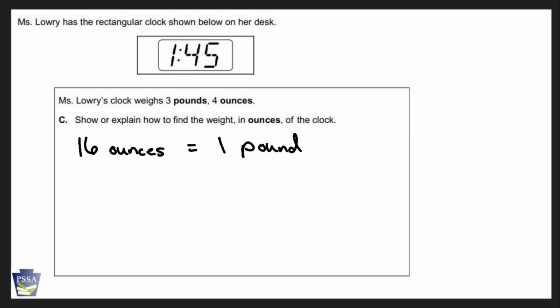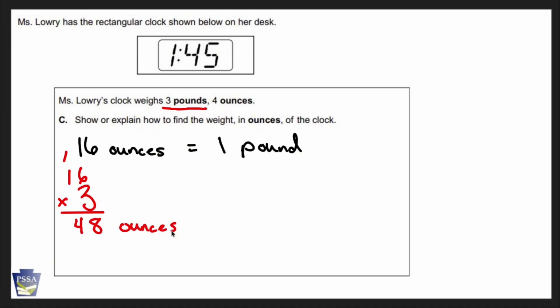So if I wanted to do the 3 pounds part, let's do that first. They want us to answer this in ounces. So we would do 3 times 16. 3 times 6 is 18. Write out the 8, carry the 1. 1 times 3 is 3, plus 1 is 4. So the 3 pounds is going to be 48 ounces.